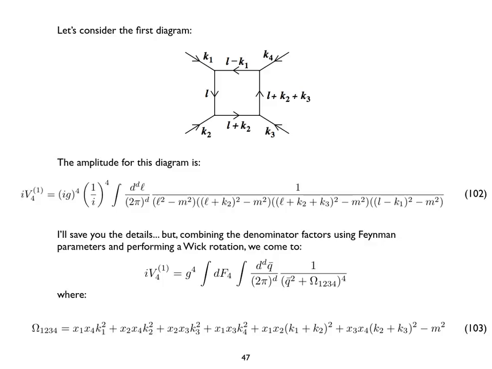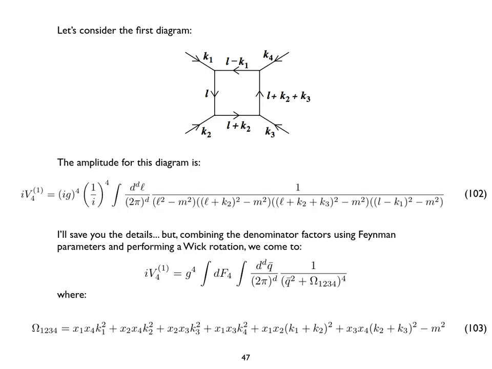So here's the diagram, and this is the way we chose the momentum. We have our 4-point vertex. There's no tree level piece now, so there's no 1 sitting out here. It's all loop level. We have 4 vertices, 4 propagators. Here are the 4 propagator terms in the denominator, and we want to combine those using the Feynman trick.